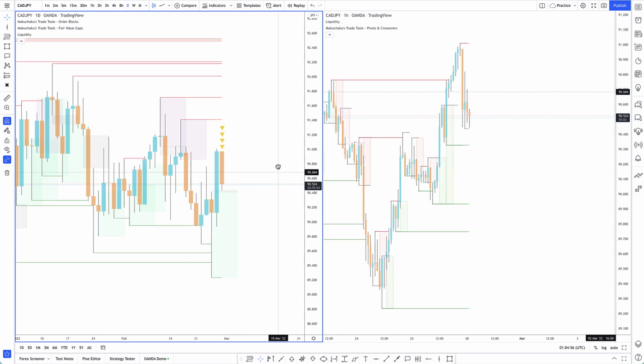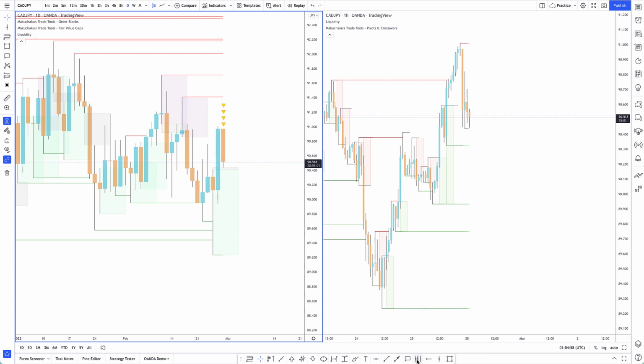On the higher time frame, I want you to focus your attention here on this order block, and we'll see how this trade worked out. I know I'm showing a trade in hindsight. This price action is already formed, but I want to show you how powerful these concepts become once you start combining a simple order block on higher time frame and then a breaker on the lower time frame.